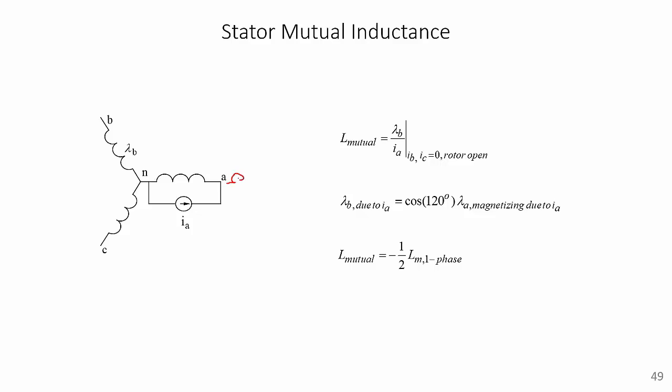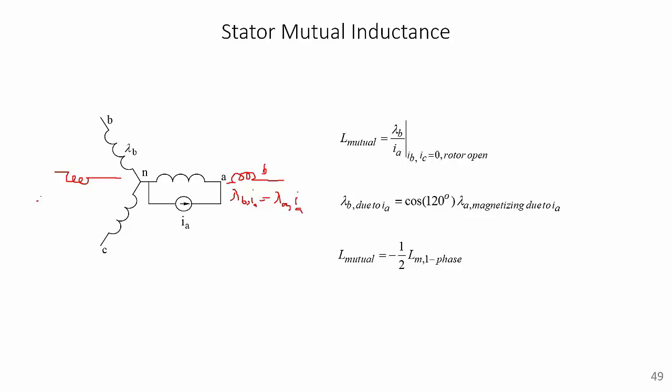Let's initially assume that the B phase winding is aligned along the direction of the A phase winding. In this case, the flux linkage in the B phase winding due to the current Ia would be the same as the flux linkage in the A phase winding due to the current in the A phase winding. Now let's assume the case where the B phase winding is at an angle 180 degrees away from the A phase winding.